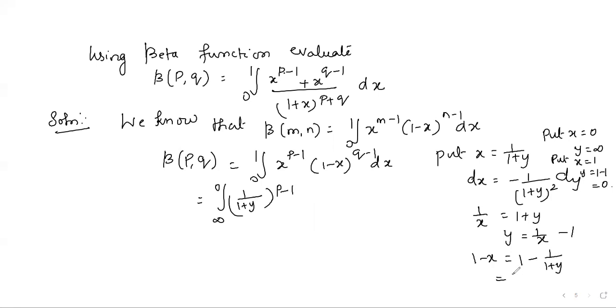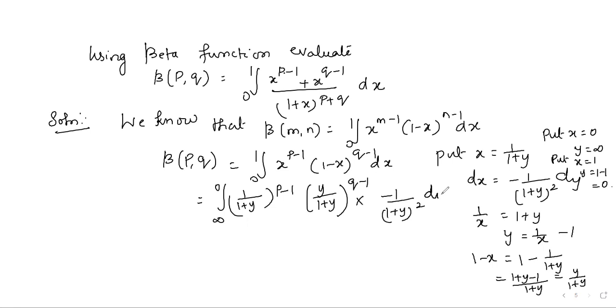Taking LCM, I'll be getting (1 plus y minus 1) divided by (1 plus y), that means y by 1 plus y. So instead of 1 minus x, I have to substitute (y by 1 plus y) whole power q minus 1. And my dx is equal to minus 1 by (1 plus y) whole square into dy.